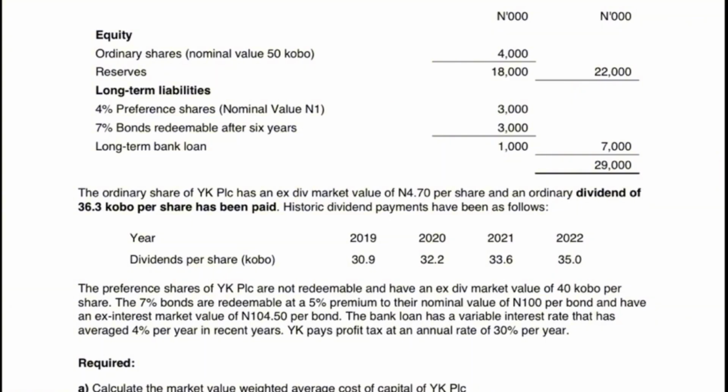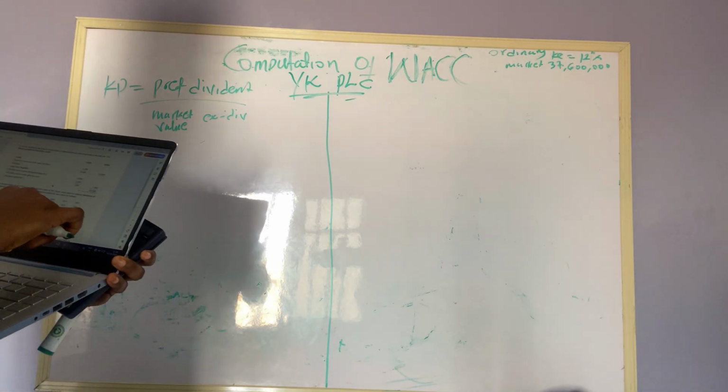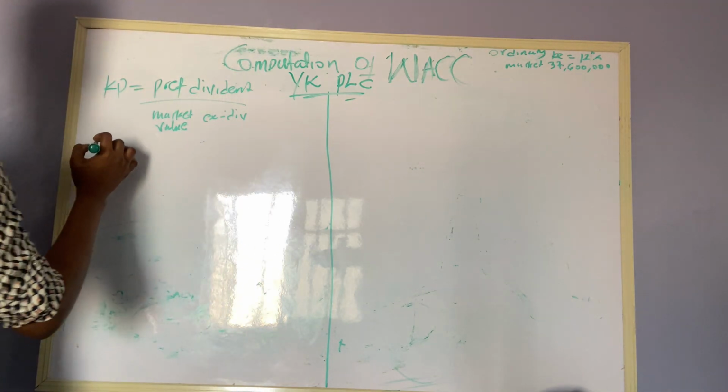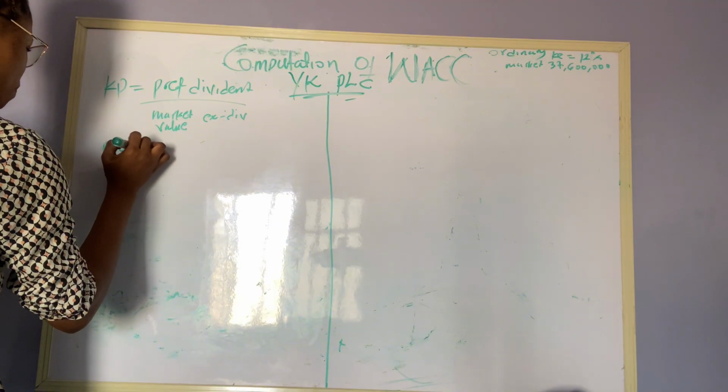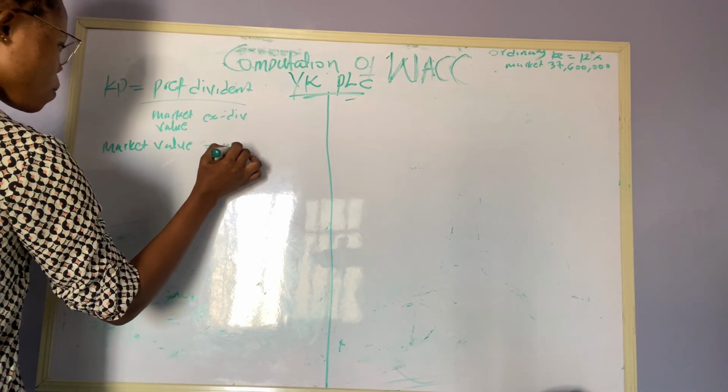Now the second paragraph says the preference shares of YK PLC are not redeemable and have an ex-div market value of 40 kobo per share. So the market value is equal to 40 kobo.